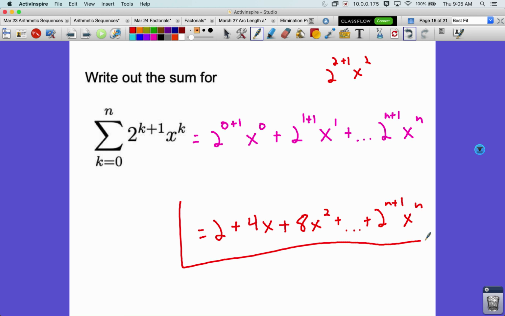And that whole thing is our answer there. Generally, if you're going up to n, it's good to have either 2, but probably 3 is preferred, 3 terms before you do the dot, dot, dot, and then you just fill in the n's for your index.